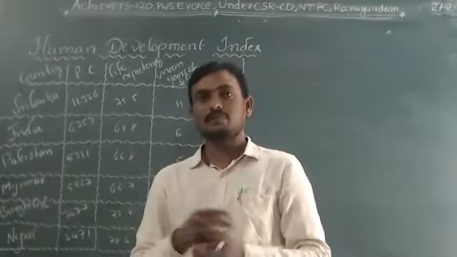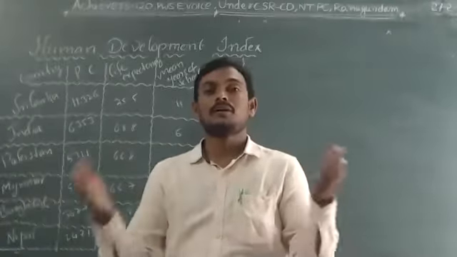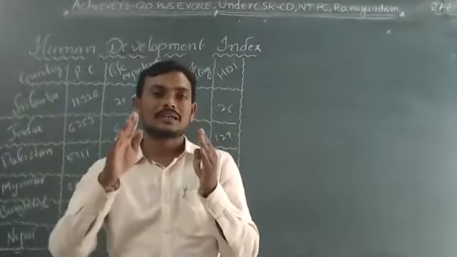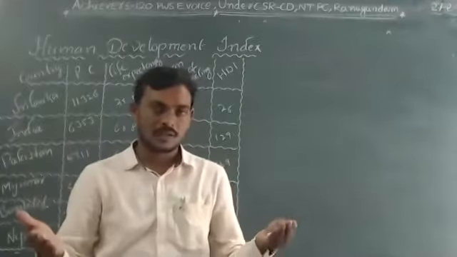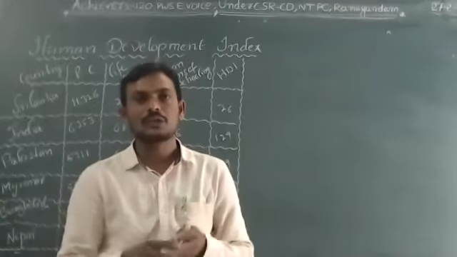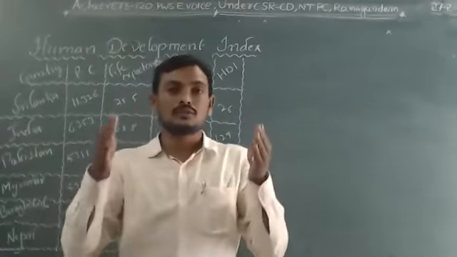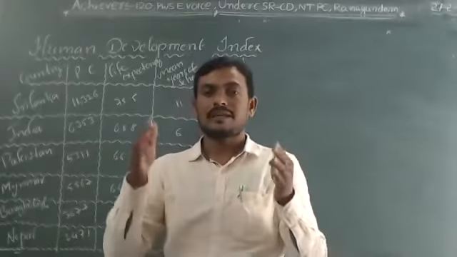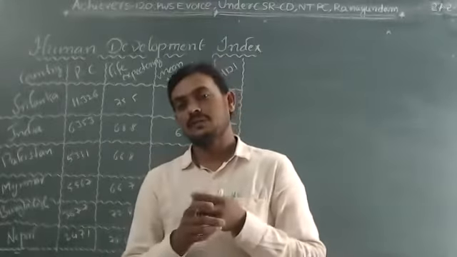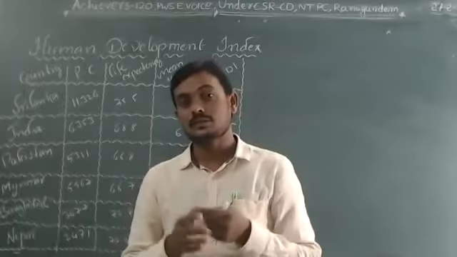It may be years or countries. The student has to compare the progress of the countries or the progress across the years. This way the student can get 8 out of 8 marks. This is very easy to answer.